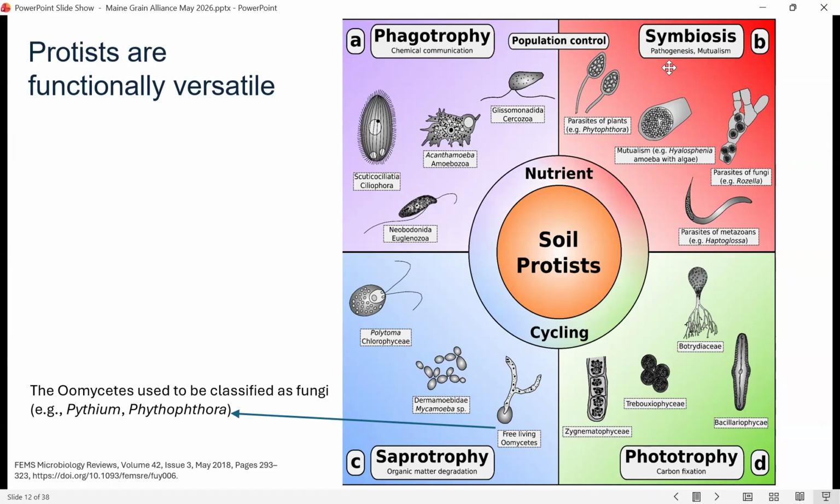They can be involved in diseases, or they might be mutualists. We see the pathogen Phytophthora fits in this category. That'd be an example of a pathogen. Then we have those whose primary function is degrading organic matter. Or we also have another group that can photosynthesize and fix carbon, and this would include algae as well as diatoms.